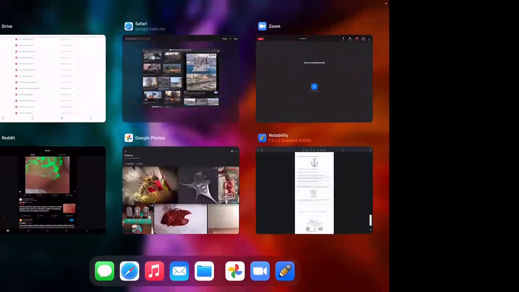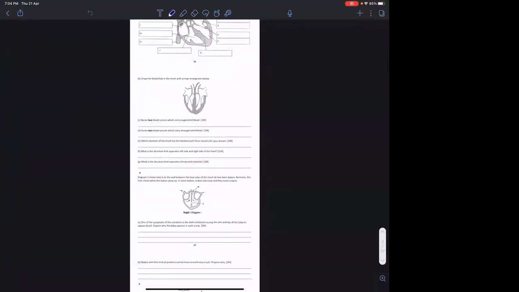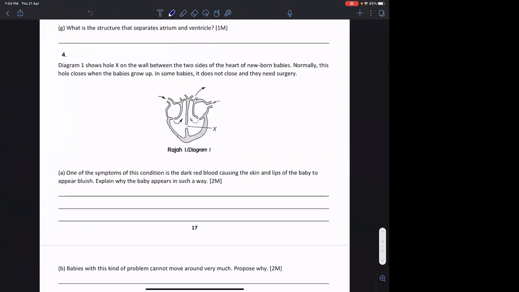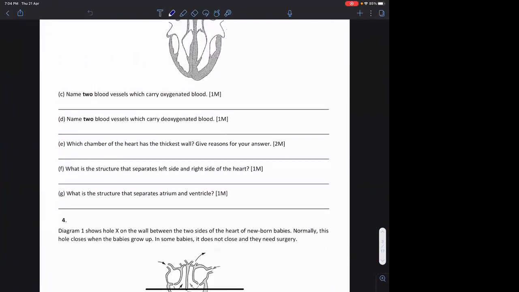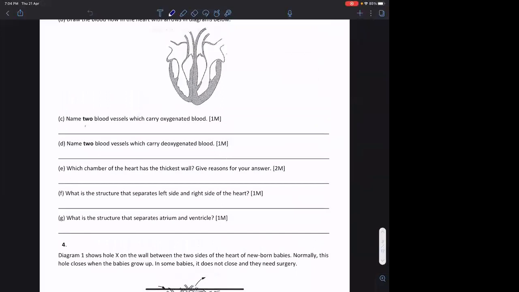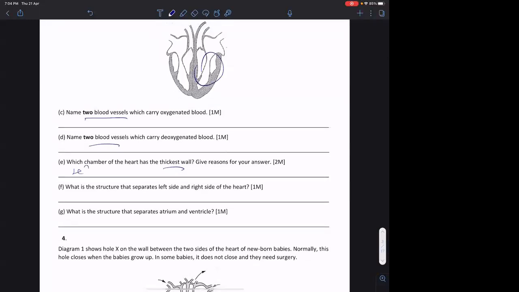All right, let's go into our exercise. Let's go to question 4. I think I've done question 3, and I think this two blood vessel one we have done already. Which one has the thickest wall? That would be your left ventricle, which is here.